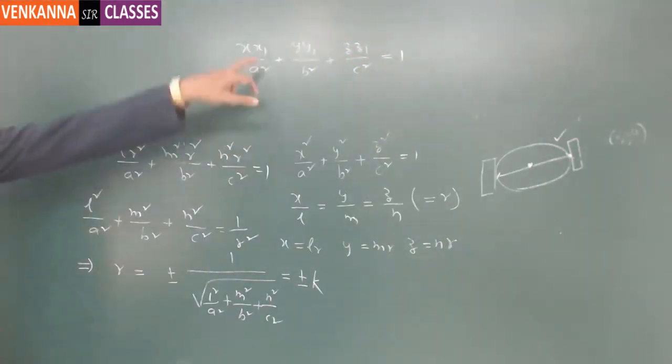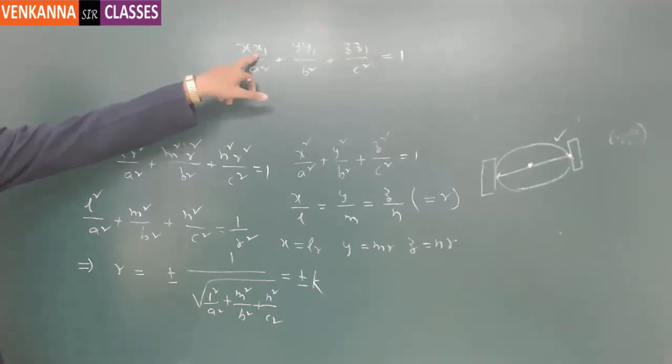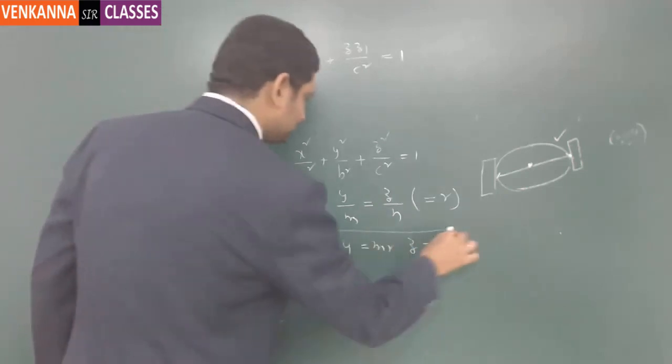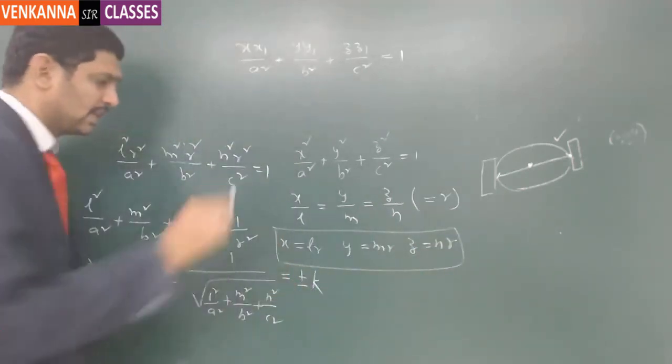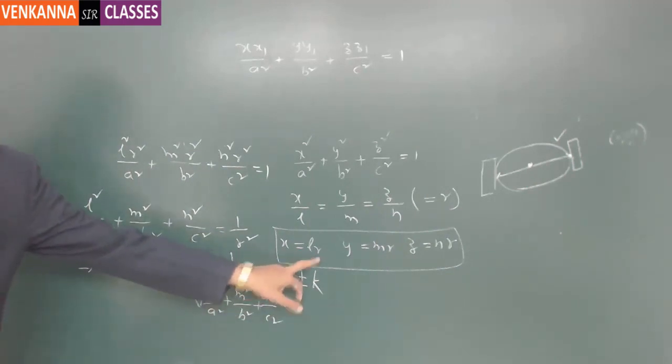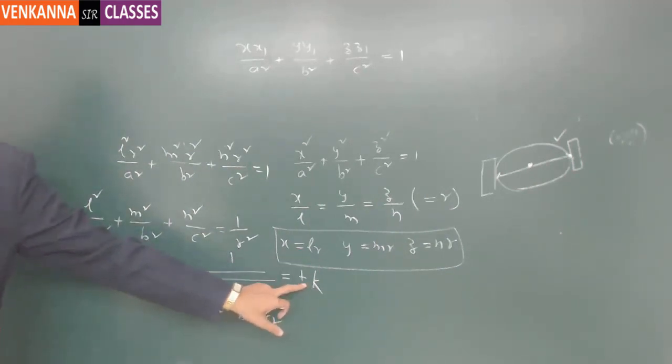Here x1, y1, z1 is the point at which we are considering the tangent plane. Here we have taken r equal to some value, plus or minus k.